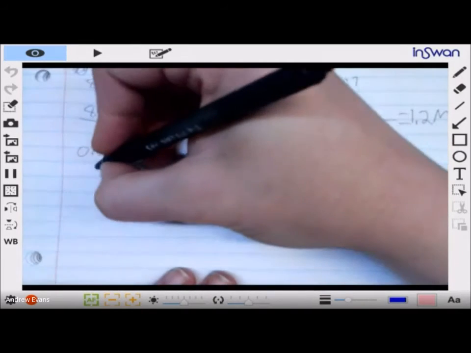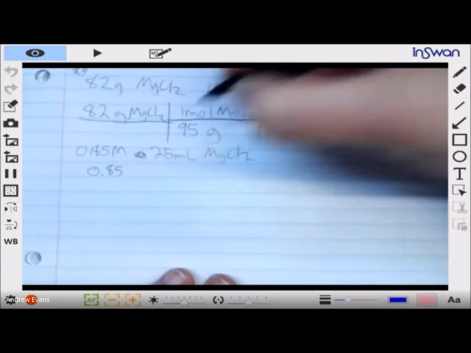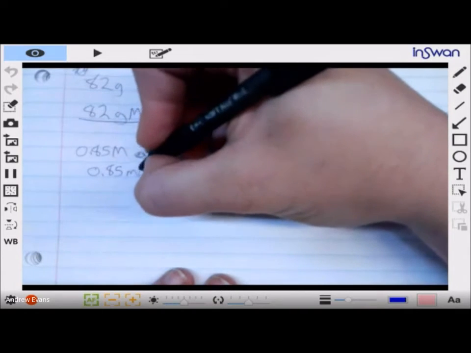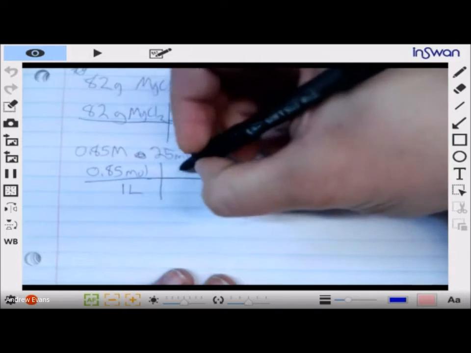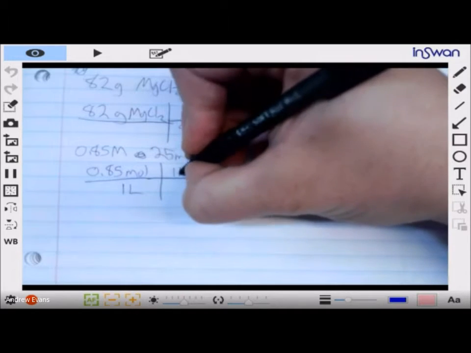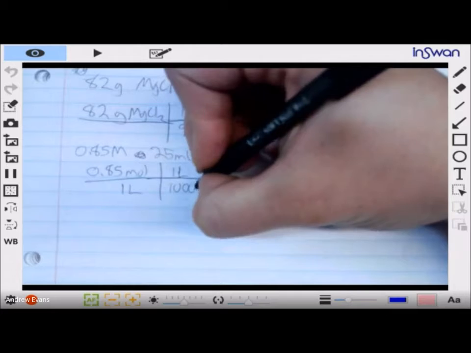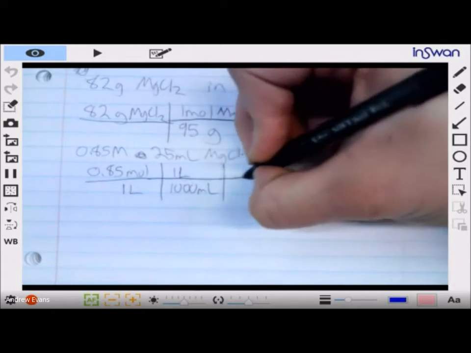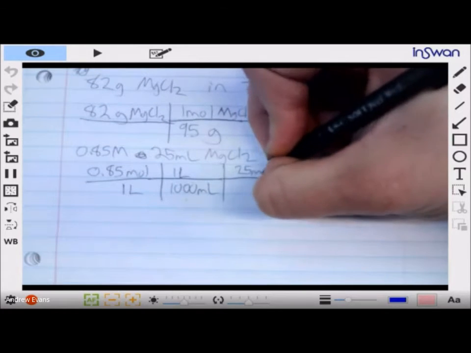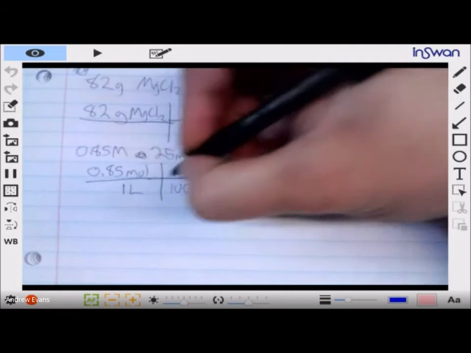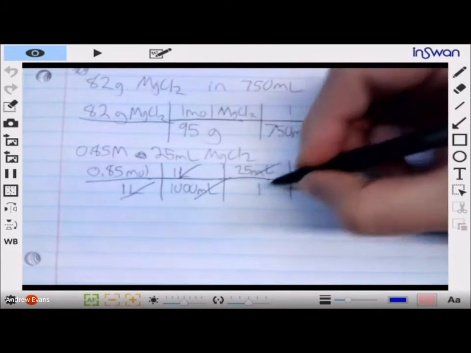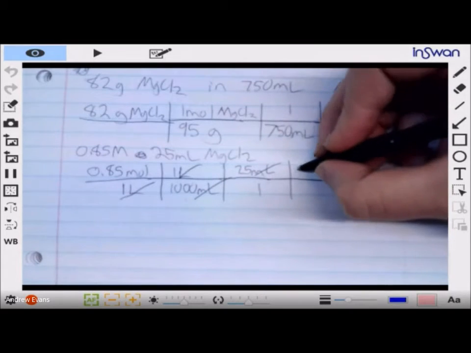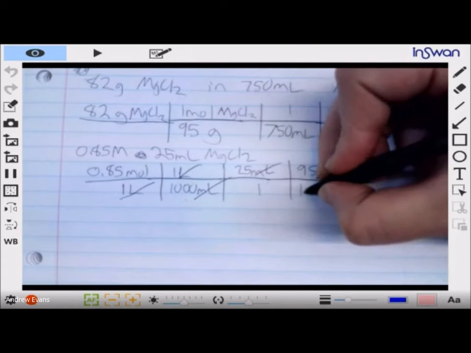So 0.85, got to remember units, moles per liter, so the units make sense. In 1 liter, there's 1,000 milliliters, and we're using 25 milliliters. Milliliters, liters. And then we're using our molar mass, 95 grams per 1 mole.